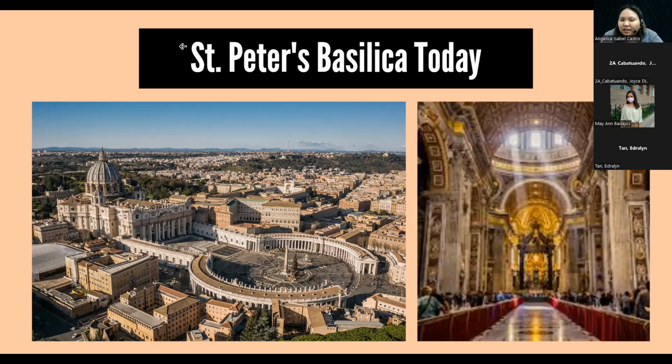Kahit nabanggit natin kanina na there were conflict of interests and in designs, but eventually, from its conception up until now that it's been built, there's an element of light, security, order from the repetition of elements.